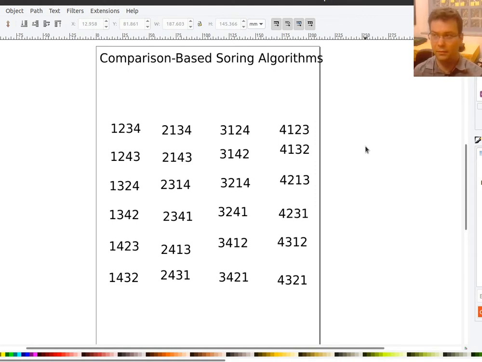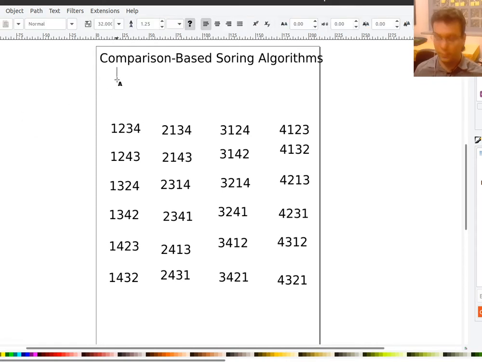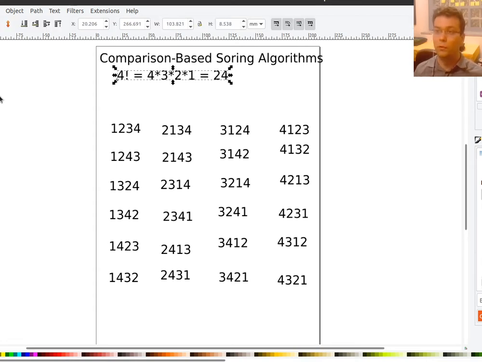Okay. So without loss of generality, I'll consider an array that has the elements 1 through 4, of length 4. There are 4 factorial, which is 4 times 3 times 2 times 1, which is 24 possible permutations of a list of length 4. All right.